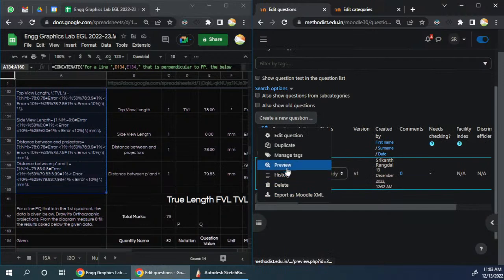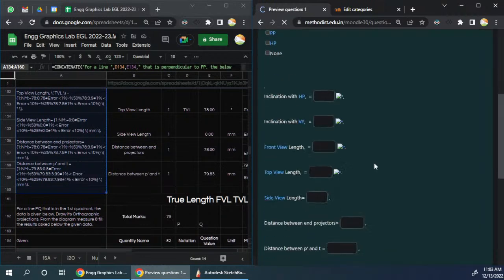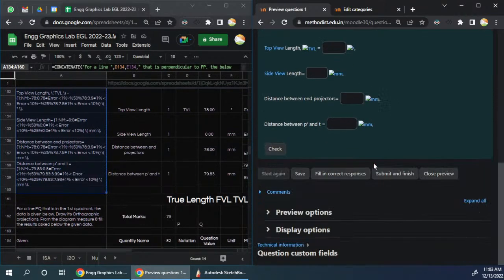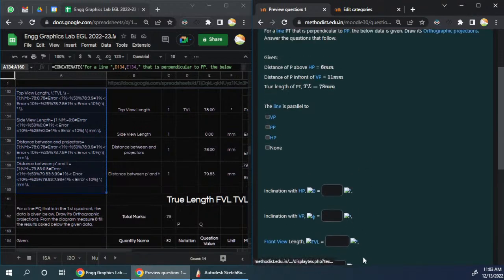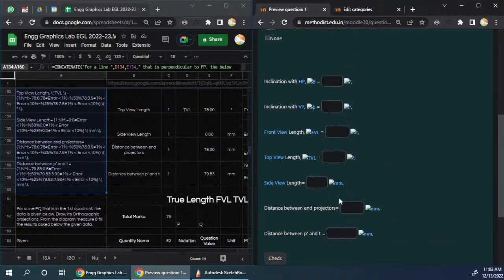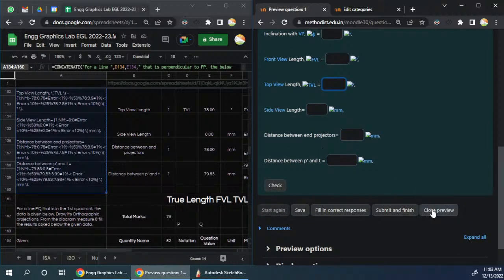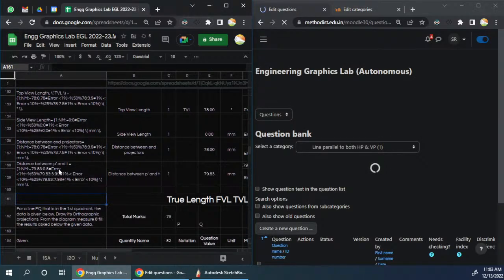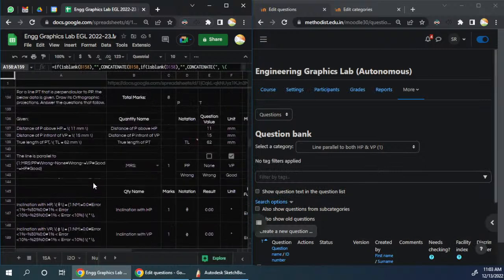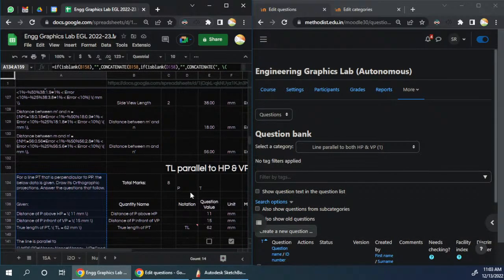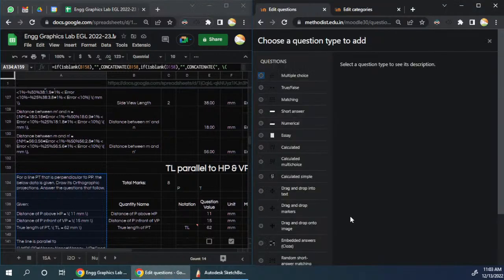Let's just take a look at the preview. Yeah, the question is loading properly except for this thing. Okay, that's the question, so I don't think we have to worry about that. Text boxes are loading up fine, so that's what we need. Let's load a few more questions of the same type.